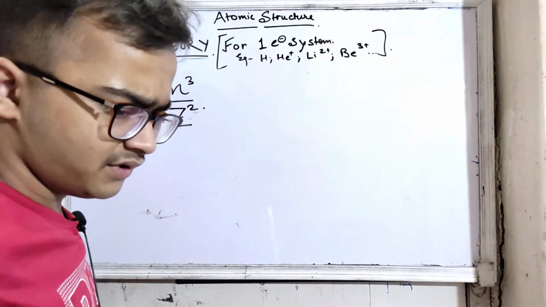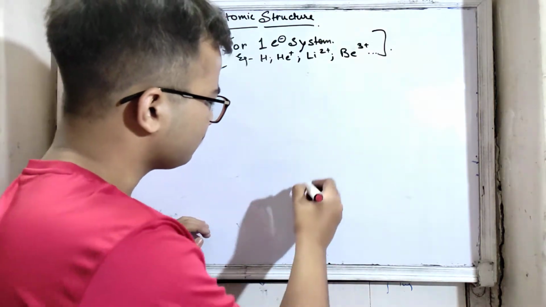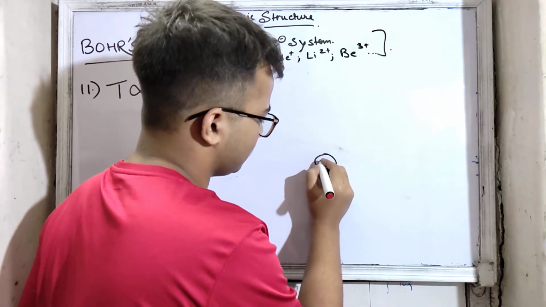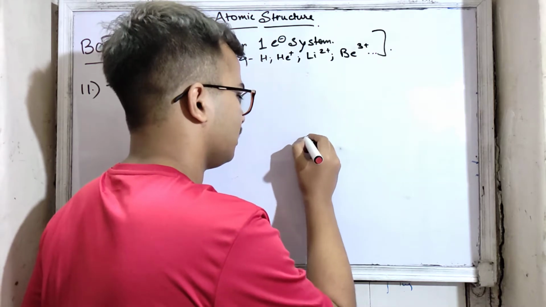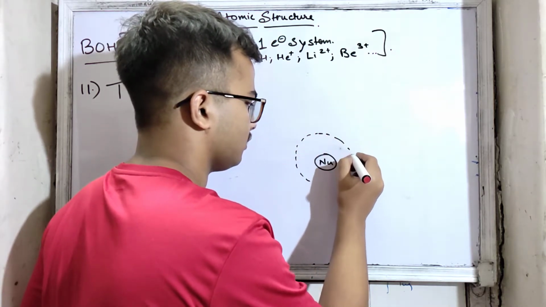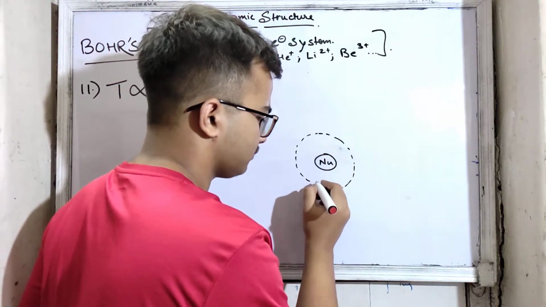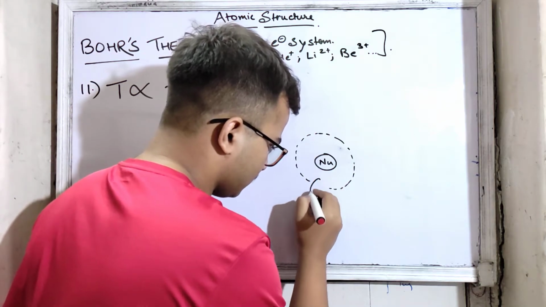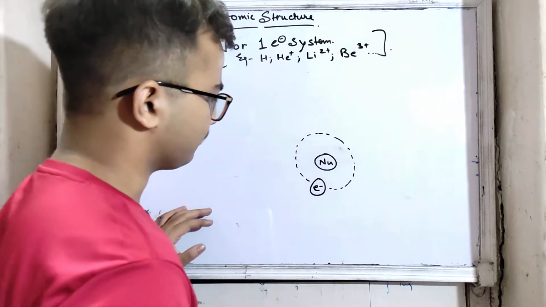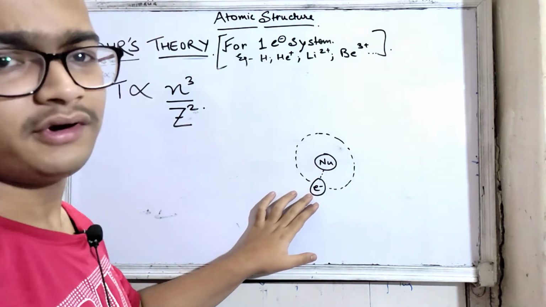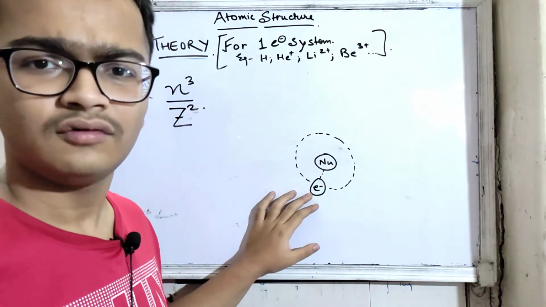Now what is time period actually? Time period, we know, if this is the nucleus, and this is the electron rotating in its orbit. Now if this is the electron over here, I take a point, I wait for the electron to come again.